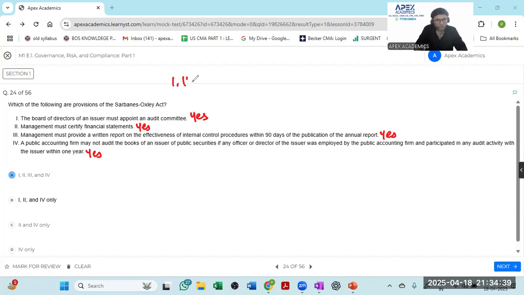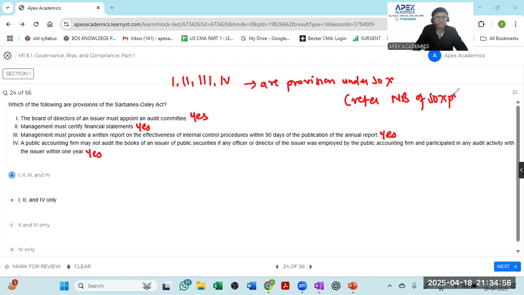So all four are needed. All are provisions under SOX. Refer to the notebook of SOX provisions.